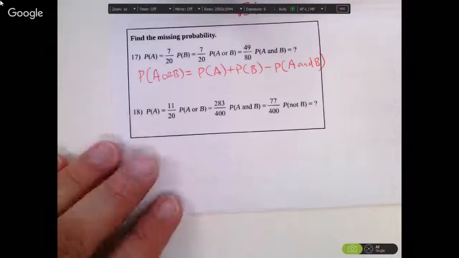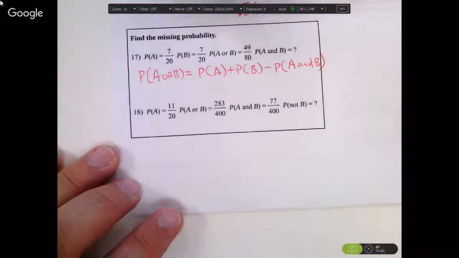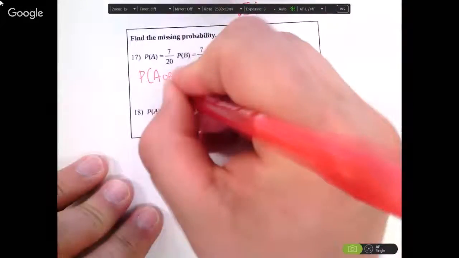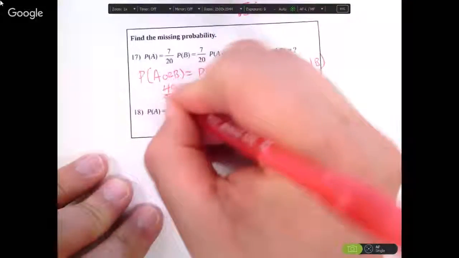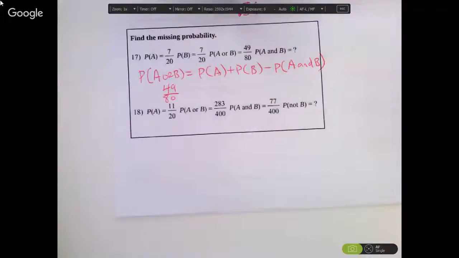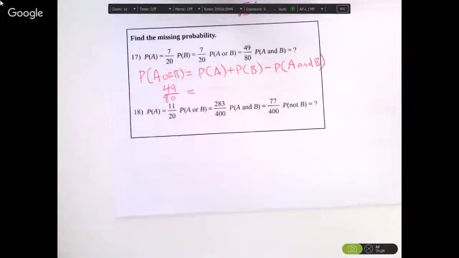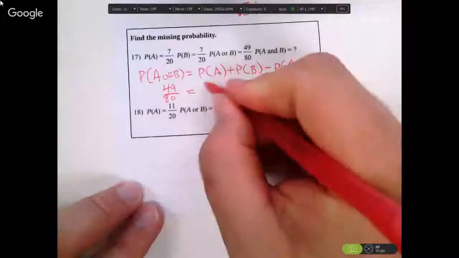I can find the unknown if there's just one. The probability of A or B is 49 over 80. Do we know what the probability of A is? Yes, it's 7 over 20.